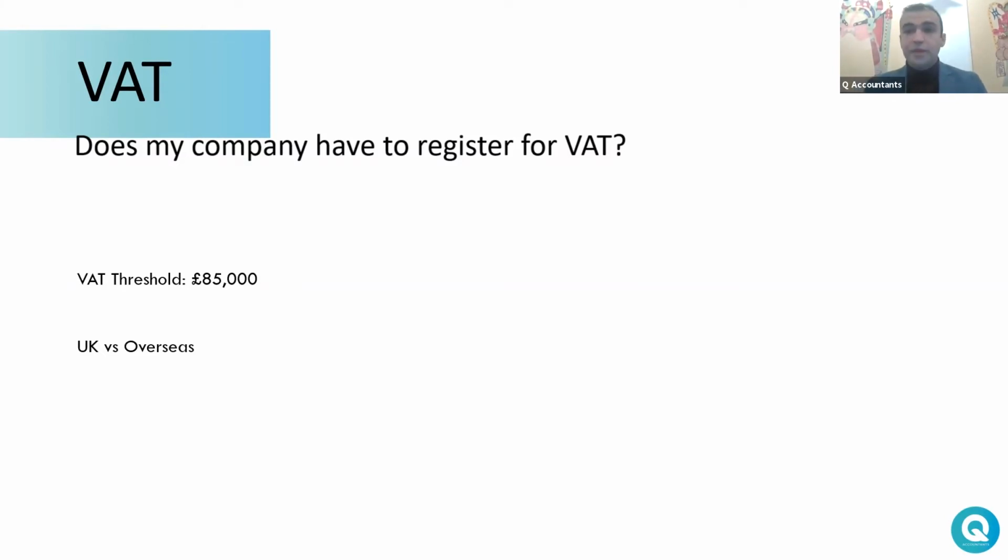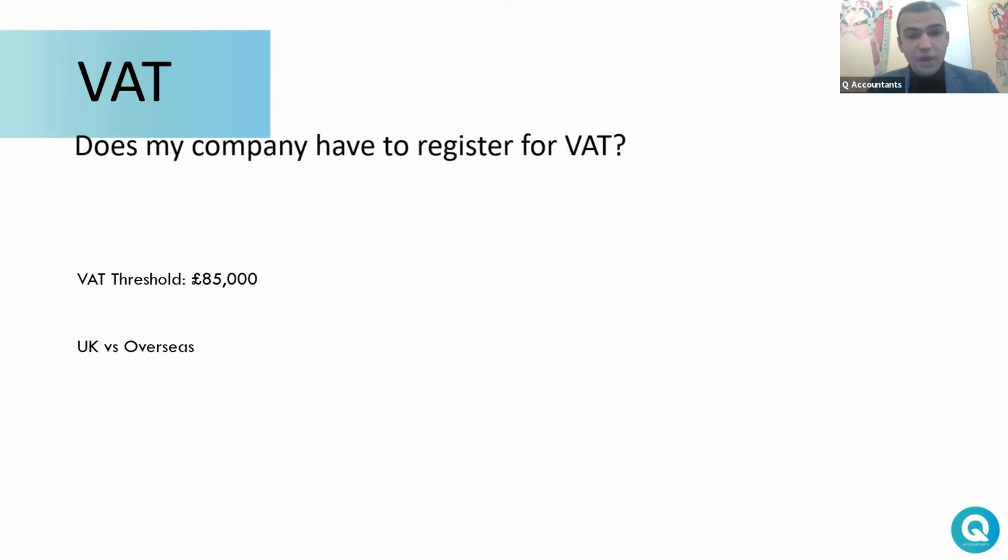What if it is not that high? You can still register for VAT. That's called voluntary registration, and it can be beneficial. You can ask, why would I do that? Let's take this example: your sales are mainly abroad, like the US. You're issuing invoices to them, and you don't include VAT on top, but you have expenses.